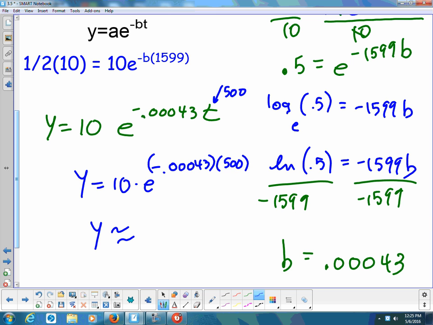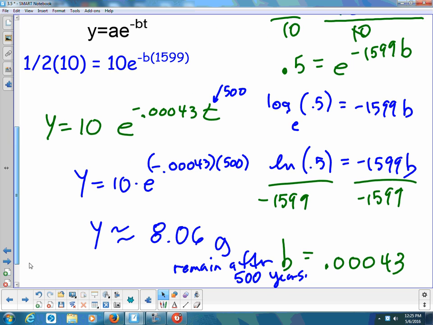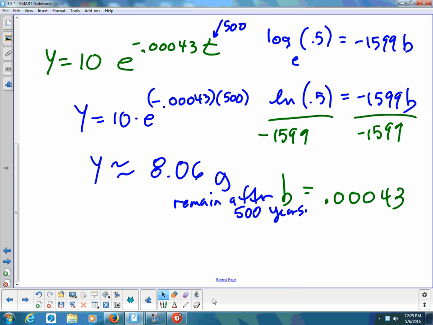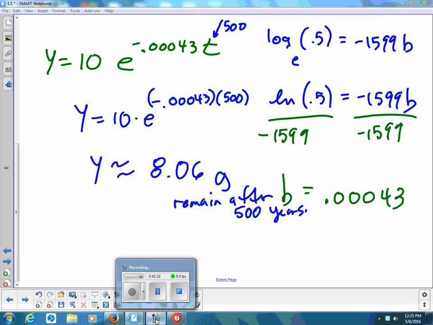All right. So 8.06 what? Grams. Are we okay with this? 8.06 grams remain after 500 years. Another great problem that you may see again. Okay, I did say I'm going to stop at this point and follow more directions.